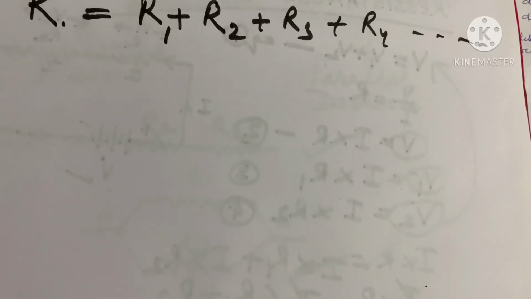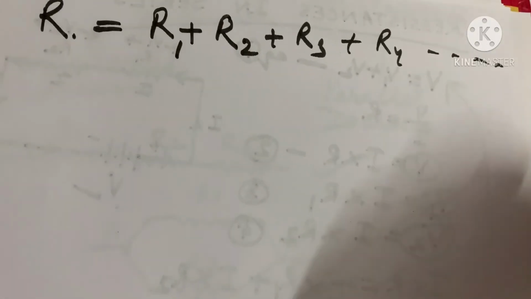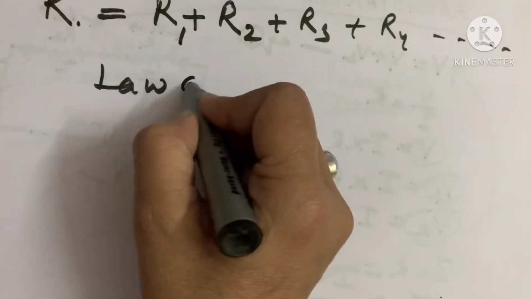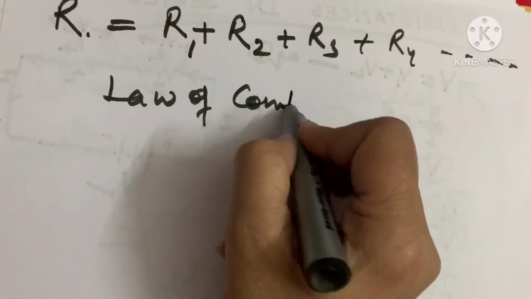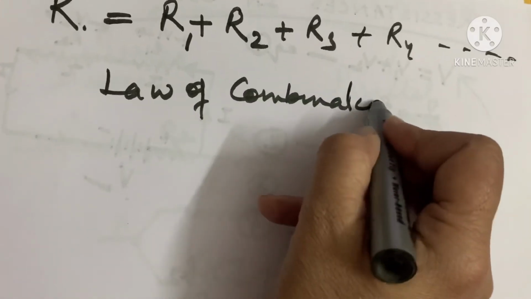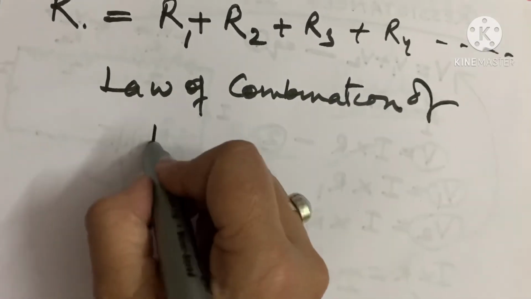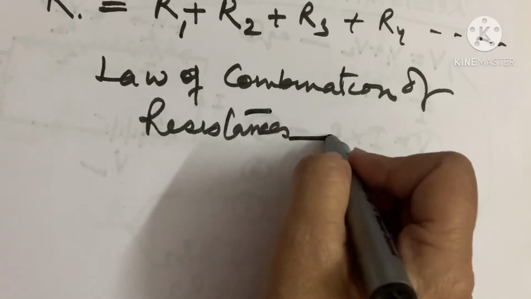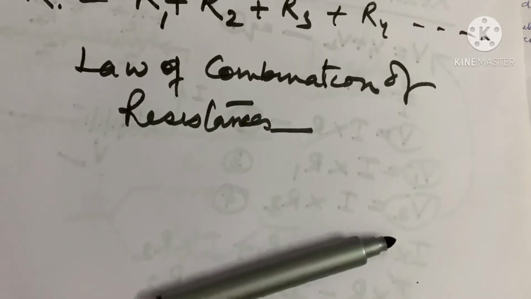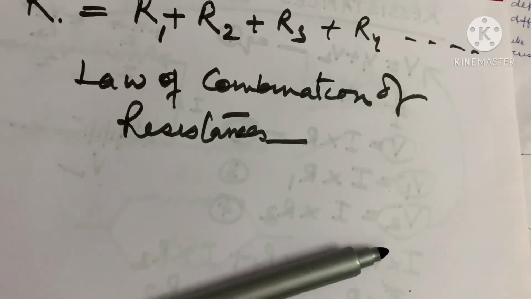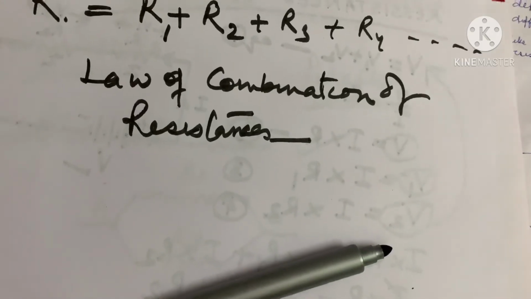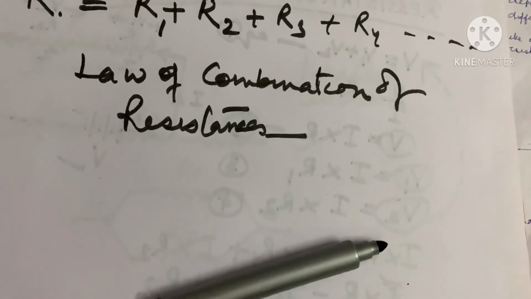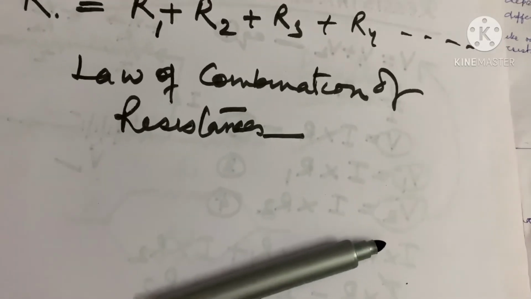This can be explained on the basis of the law of combination of resistances, which states that the combined resistance of any number of resistances connected in series is equal to the sum of the individual resistances.